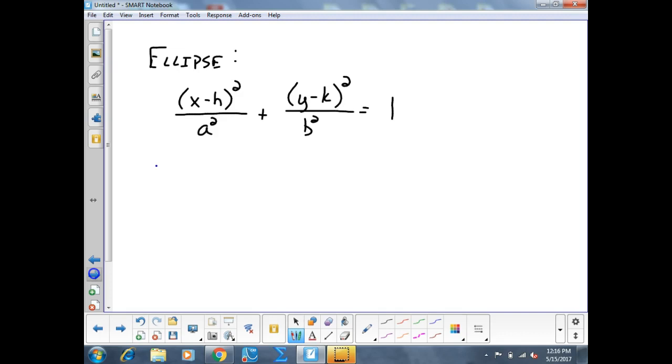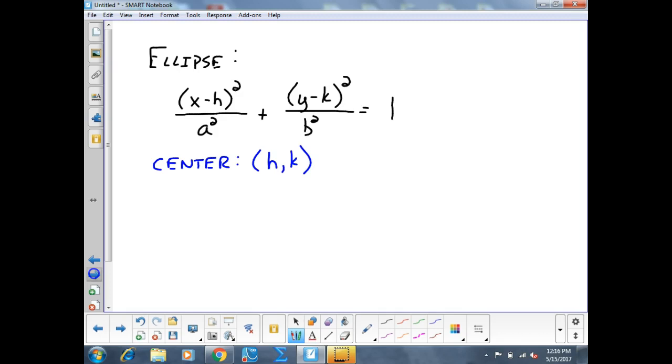We had a vertex. Nope. Well, we had center first. Let's go in normal order. So we had a center first. And everything goes off of the center then, right? Okay.